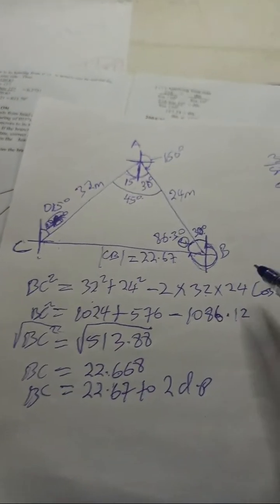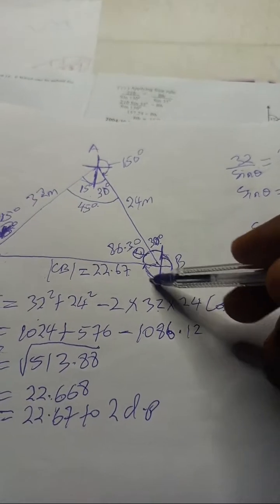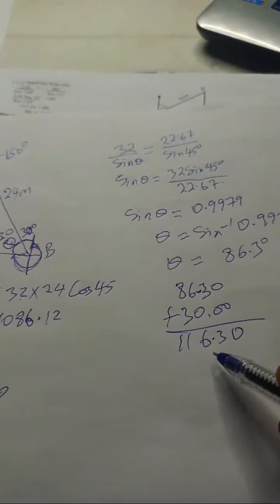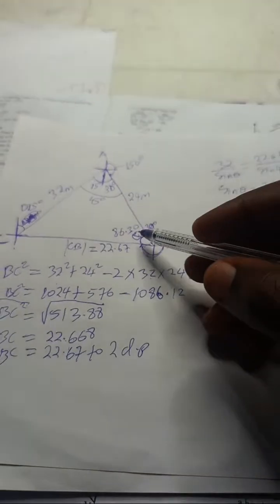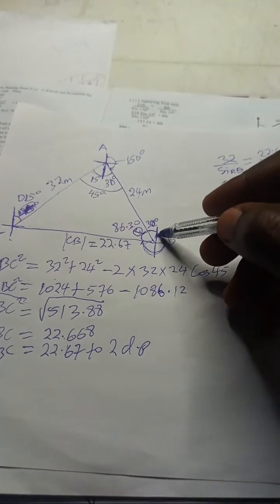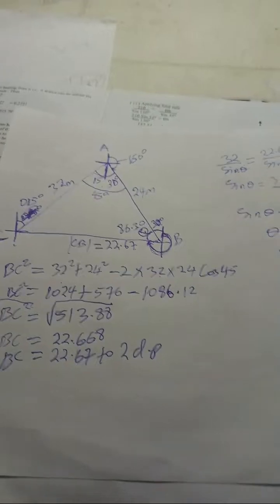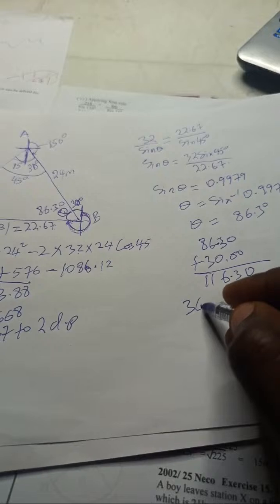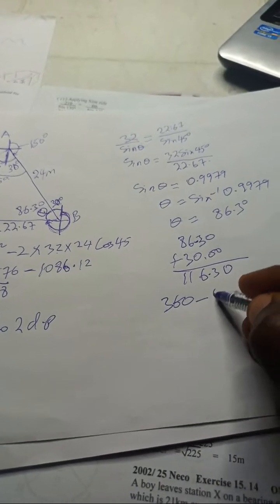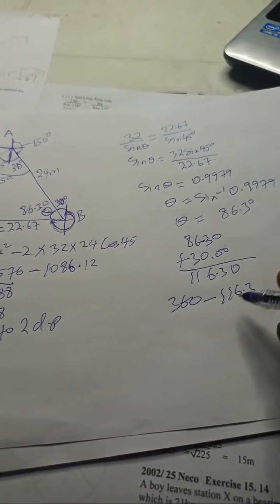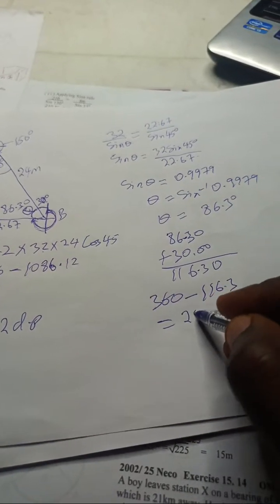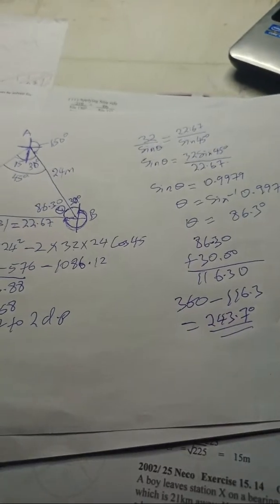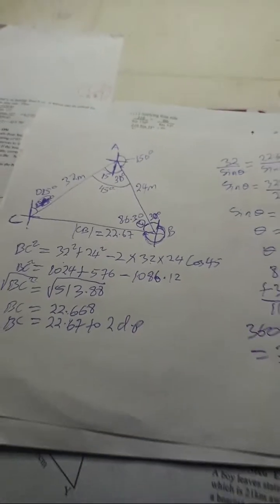Now, to get our bearing, everything will now be 360 minus 116.30. Mind you, everything is 360. And we need it from this place to here. So it means it will now be equal to what? 360 minus 116.3. So our final answer will now be 243.7 degrees. And that is the answer.